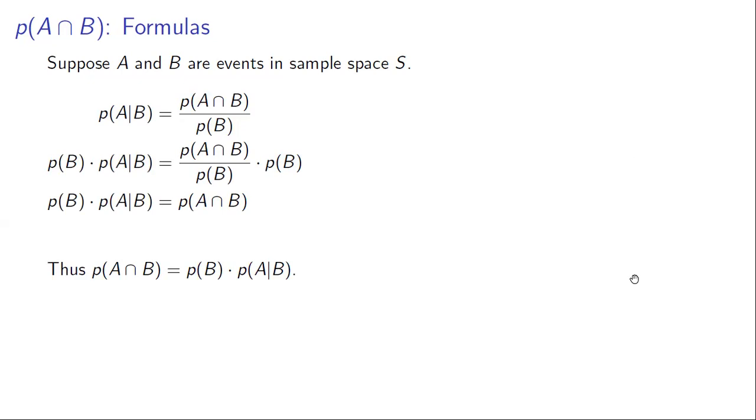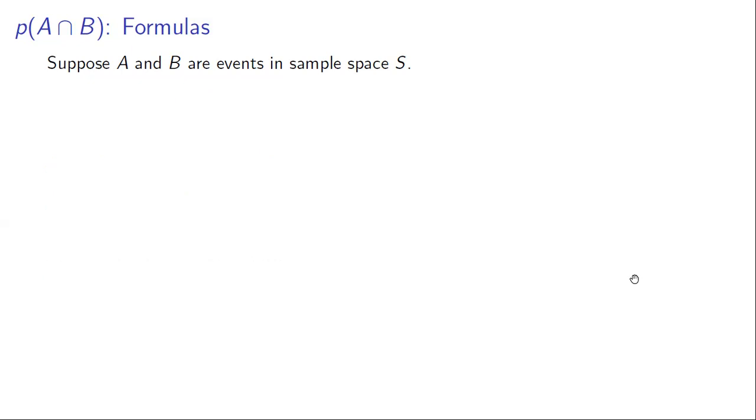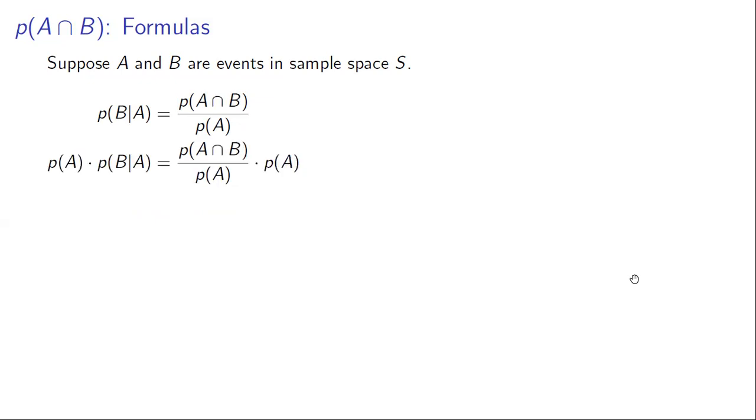Furthermore, we can also use a different formula that we found for conditional probability, right? So we know that the probability of B given A, we just saw a minute ago, is equal to the probability of A intersected with B divided by the probability of A. We can multiply both sides by the probability of A. We can cancel.